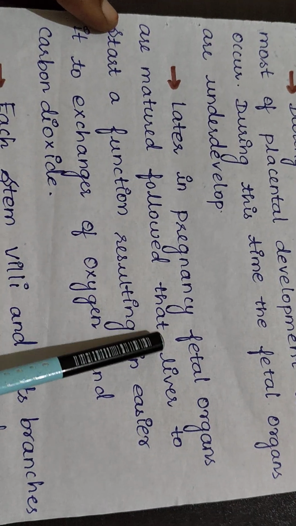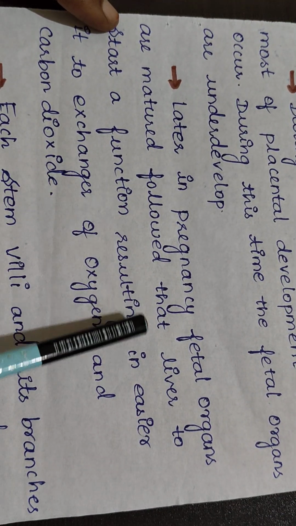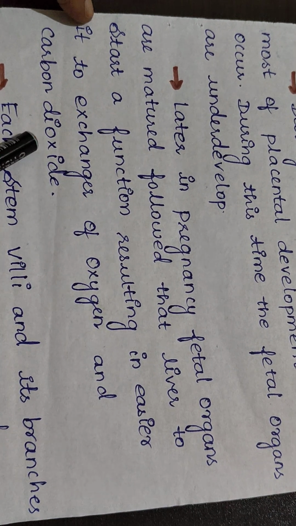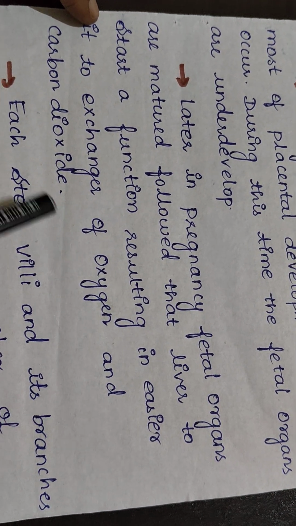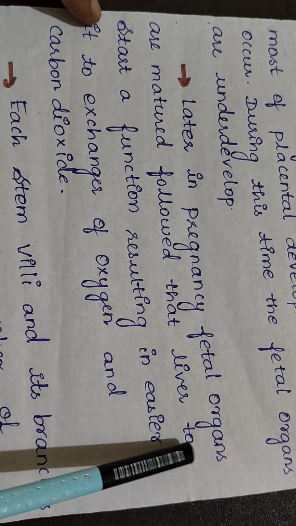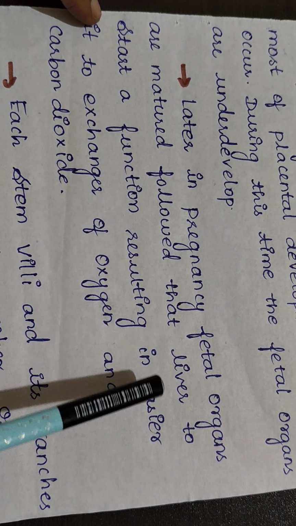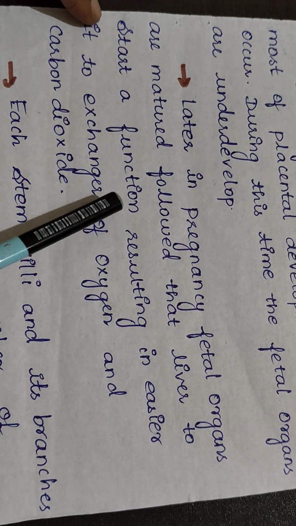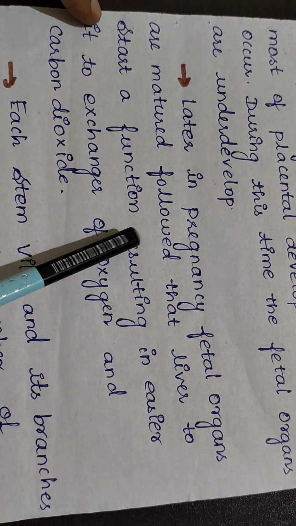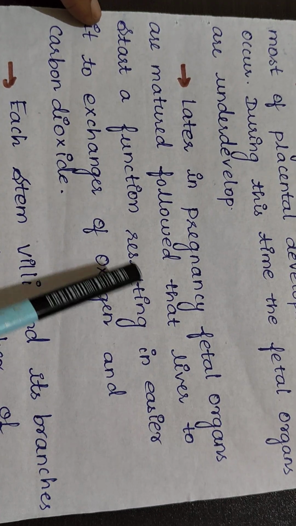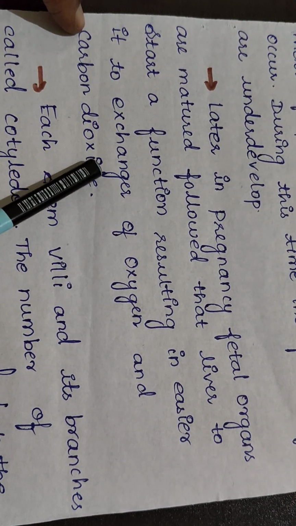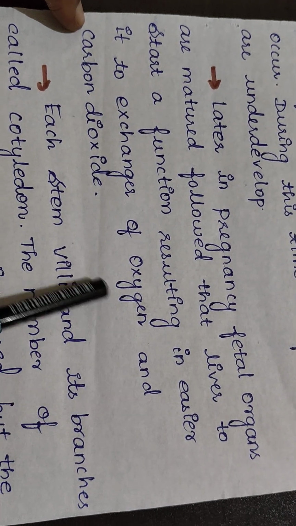Later in pregnancy, in the second trimester, the fetal organs mature and the liver starts to function, making it easier to exchange oxygen and carbon dioxide.